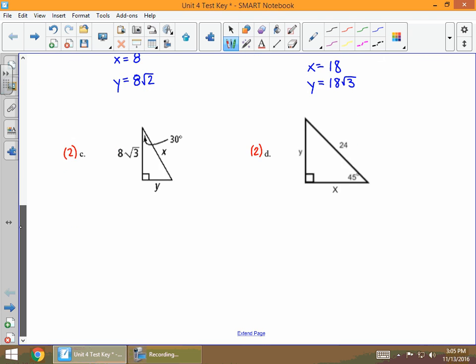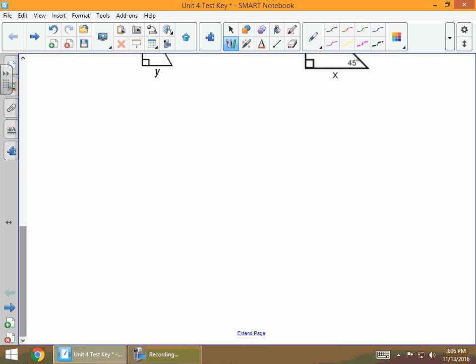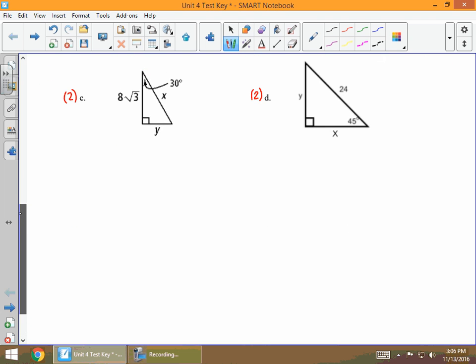Okay, moving on to C. It's another 30, 60, 90. So across from 30 is m, across from 90 is 2m, and m radical 3. So here's my equation. M radical 3 equals 8 radical 3.